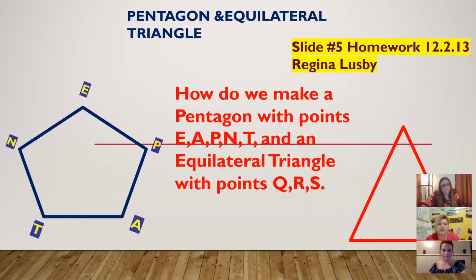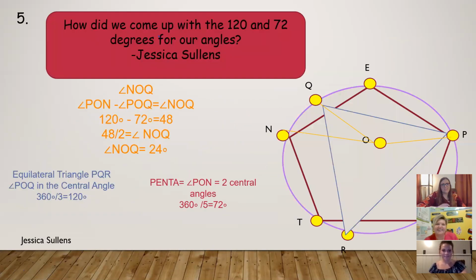Where the two lines meet and actually make a point, that's where we're going to assign a letter. There's 5 for your pentagon, and then there's 3 on the triangle. I love the colors. So easy to read. Thank you for explaining that.